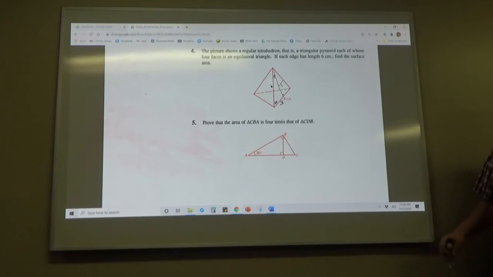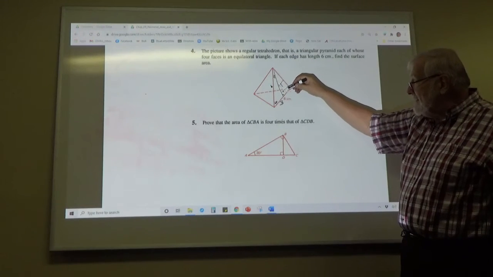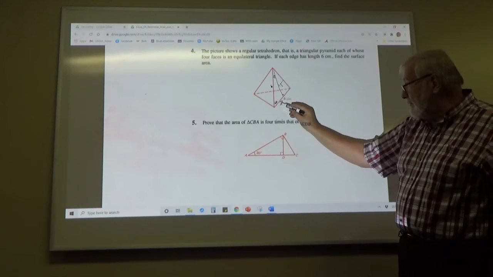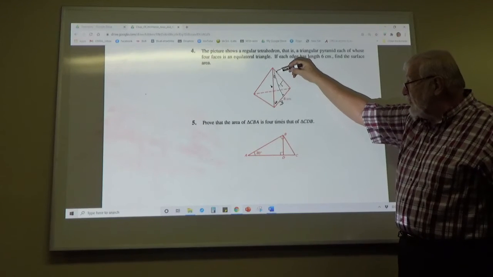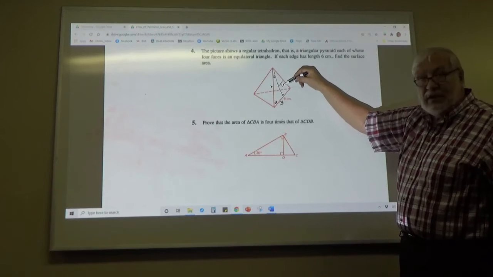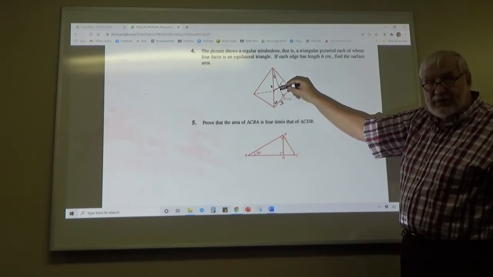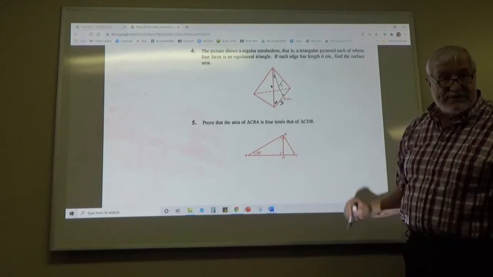What is it? All right, I have the altitude coming down on this face is a bisector of the side, which makes that side 3. And it bisects this 60-degree angle, so that angle's 30. In a 30, 60, 90 right triangle, the small side is half of the hypotenuse. So if this is 3, then that started out as 6.